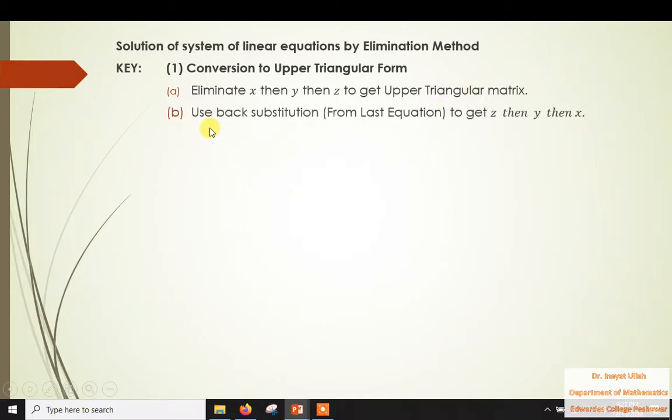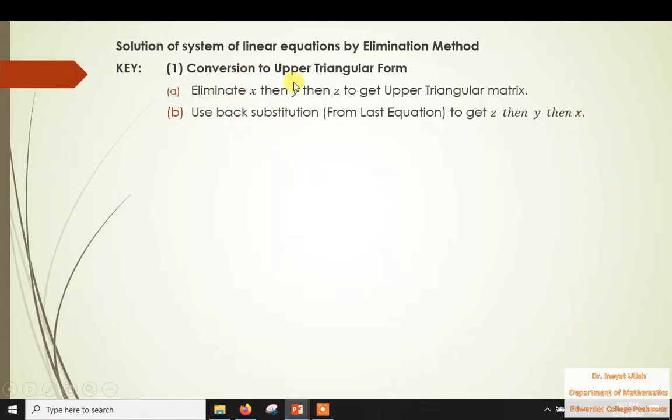And then we will use back substitution. What is back substitution? Back substitution will start from the last equation to get z, in the reverse order: z, then y, then x. So that is the back substitution method.